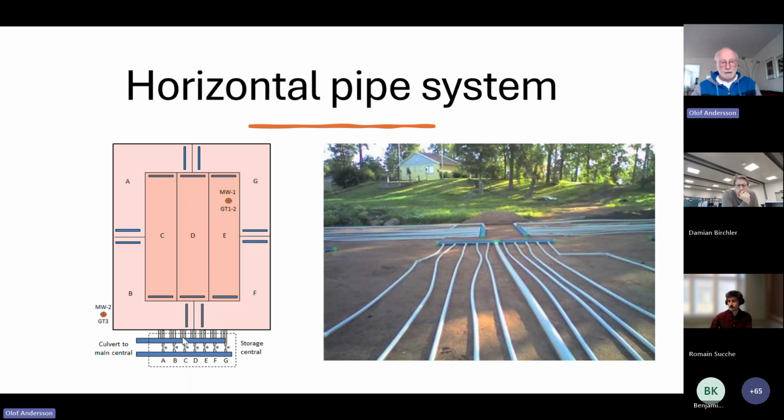There are at this end here the main manifolds that take all the collecting pipes, 90 millimeters into 150, I remember it was. You also see here some red dots. These are boreholes that are used for monitoring.